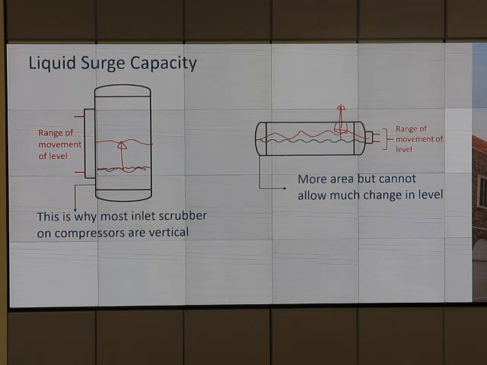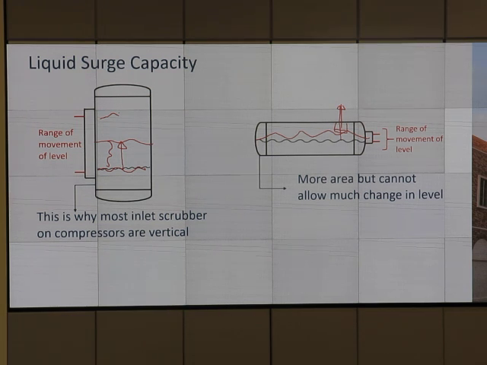It prevents the separation. But in the vertical separator, the change in the level is still okay. See this? And more, but if we have too much, the vertical separator cannot do anything anymore because it will be completely filled with liquid.